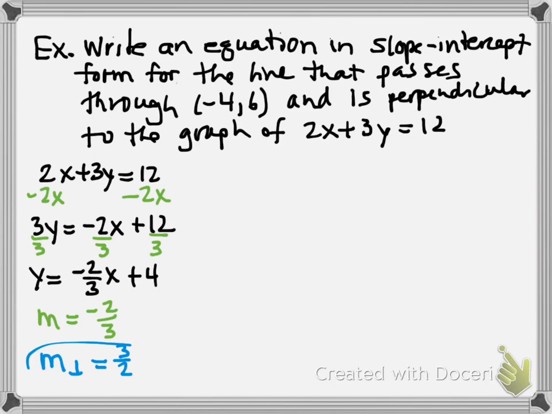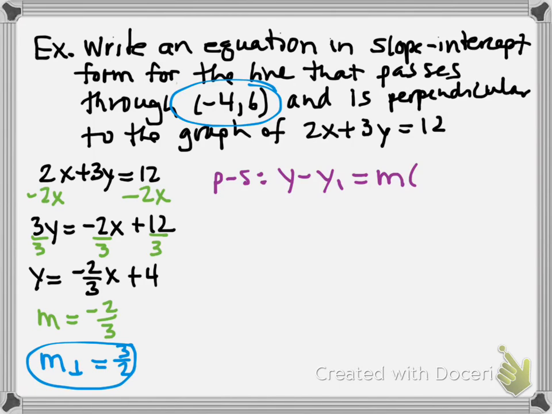Okay, so now we're going to take that slope and that point. What equation do we get to write? Point slope. I can't plug it into slope-intercept form because negative 4, 6 does not reveal the y-intercept, okay? So we're going to go point slope form. Remember, that one is y minus y sub 1, the y-coordinate, equals the slope times the quantity x minus the x-coordinate.